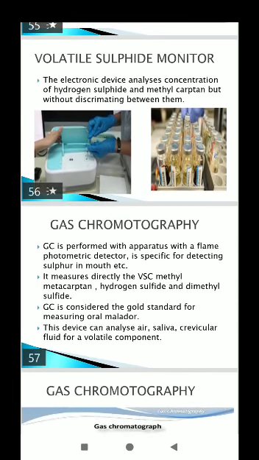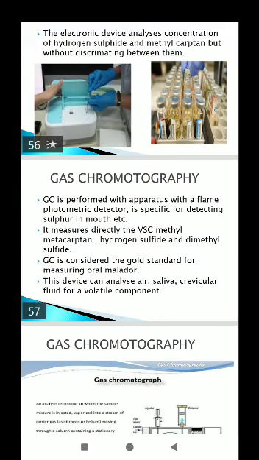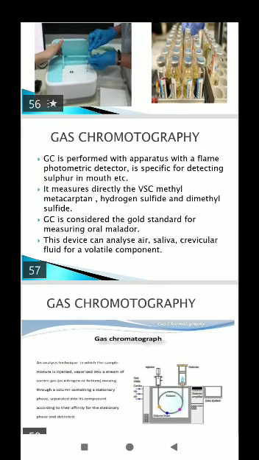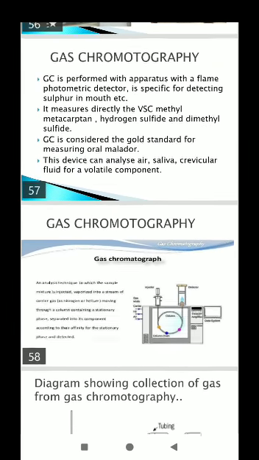Coming to gas chromatography, it is performed with an apparatus with a flame photometric detector and is specific for detecting sulfur in the mouth. It directly measures the volatile sulfur compounds: methyl mercaptan, hydrogen sulfide, and dimethyl sulfide. Gas chromatography is considered the gold standard for measuring oral malodor. This device can analyze air, saliva, and crevicular fluid for volatile compounds.